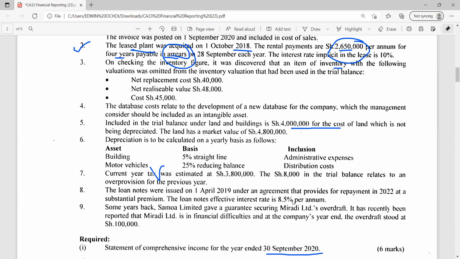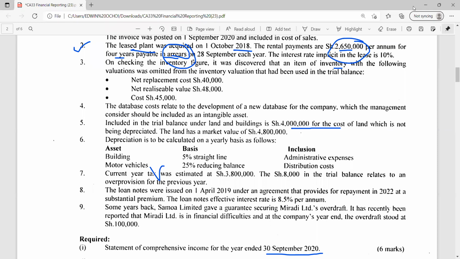So when you are provided with both the contractual, which is the 10% at which the loan was taken, and the effective interest rate, the market interest rate, obviously this effective interest rate, the interest rate which is prevailing currently, will prevail. So the contractual will not be used here.